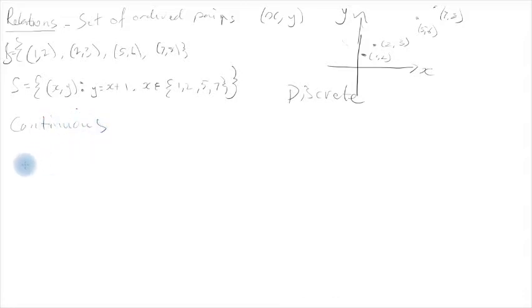Now what we're going to do is a continuous case. A continuous case would be this second set T, and we've got to define our rule. It's the set of ordered pairs (x, y) such that y equals x plus 1. It's the same rule, but if I say that x is any value within the real numbers, R, remember, the real numbers include basically everything.